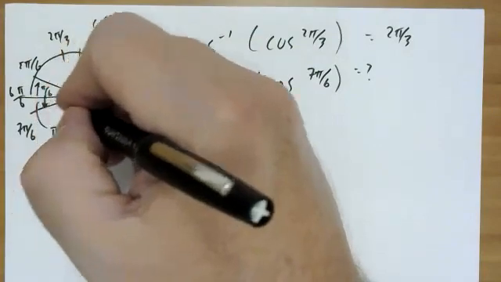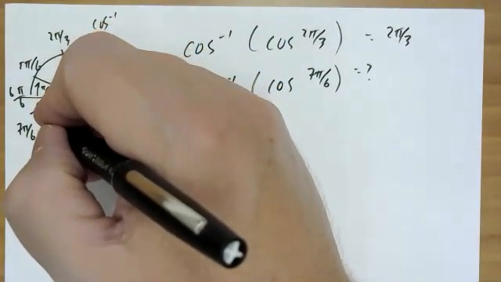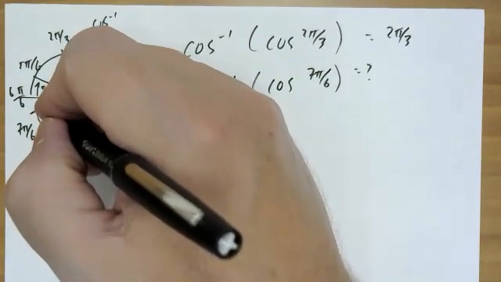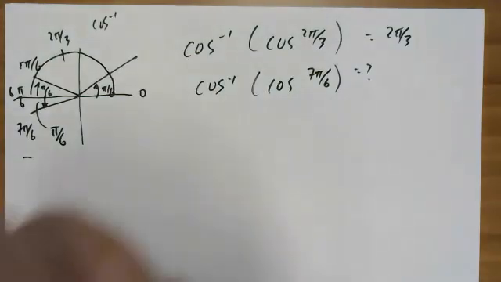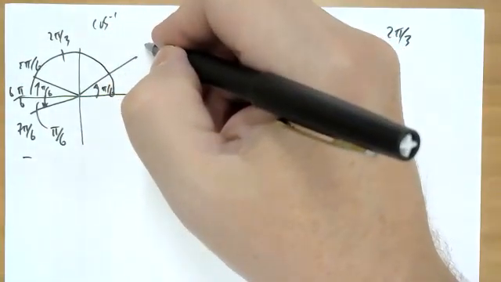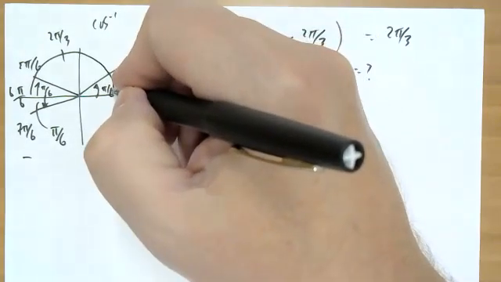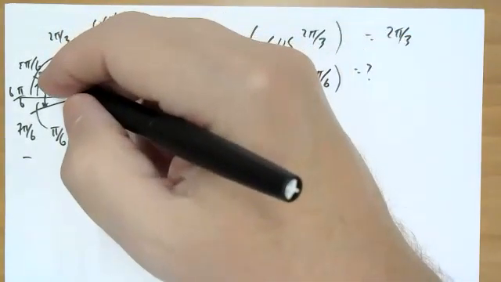Now down here, my original angle in the third quadrant, I'm looking at cosine. Is cosine going to be positive or negative? Actually, cosine is negative down here. So which one does that correspond to? Should I go up here to pi over 6, or over here to 5 pi over 6?